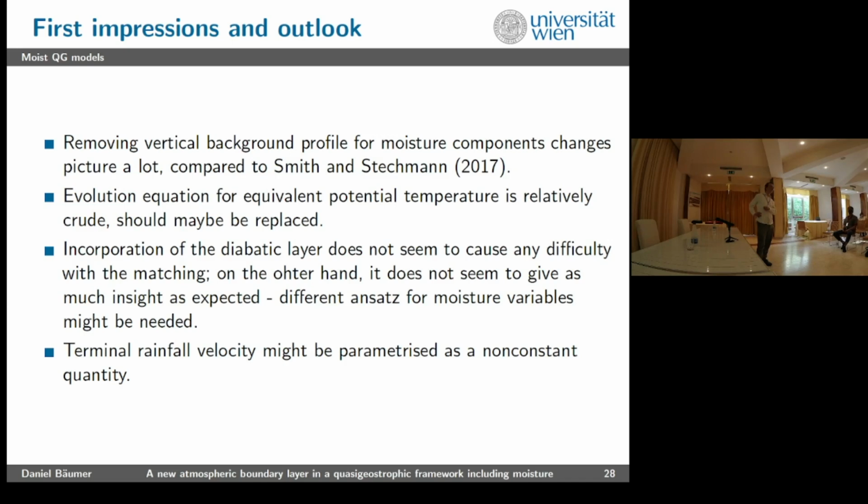The incorporation of the diabatic layer doesn't seem to cause any difficulty with the matching, but it does not seem to give us much insight as expected, so we might need a different ansatz for the moisture variables. And maybe the terminal rainfall velocity should be parameterized as a non-constant quantity. All of that is in the future.